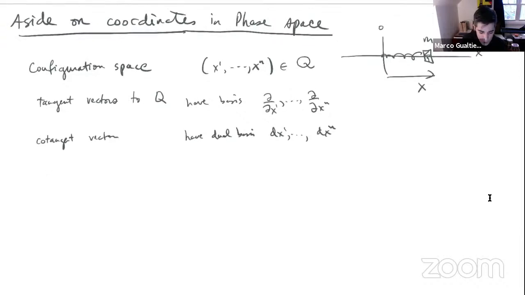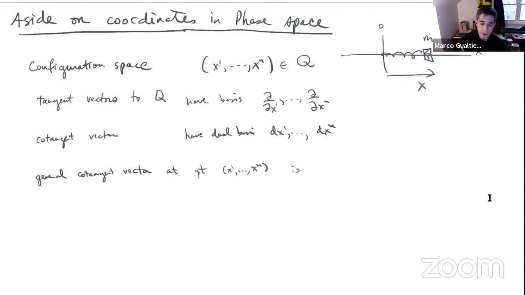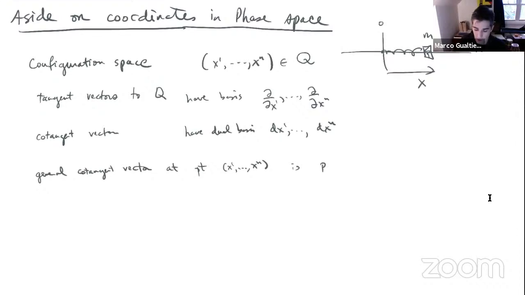So a general cotangent vector at the point x1 up to xn is a linear combination of the basis of the cotangent space. So it is p1 dx1 plus pn dxn.